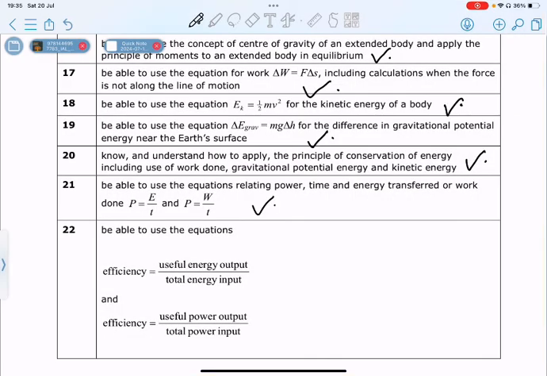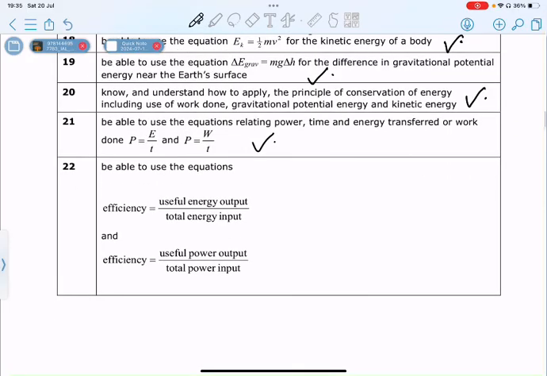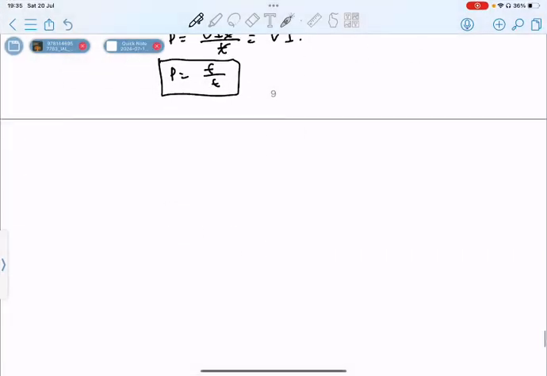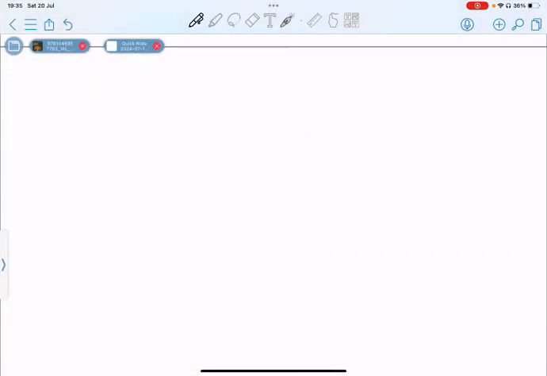That can be ticked. Be able to use the equations for efficiency. Okay. So efficiency is how effective a system is. You may have seen this diagram before. My diagrams are very bad today.